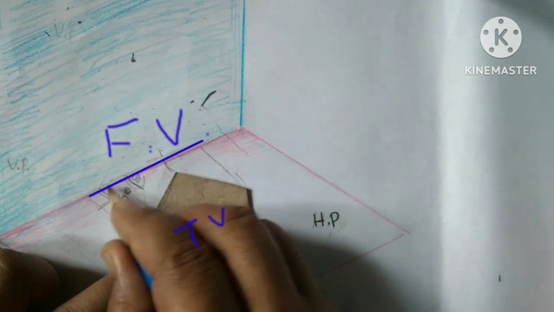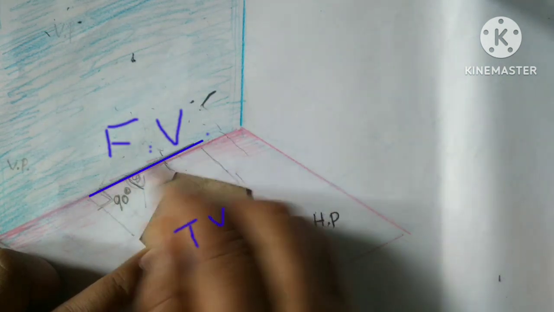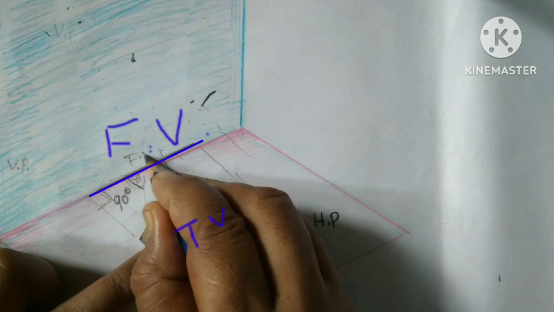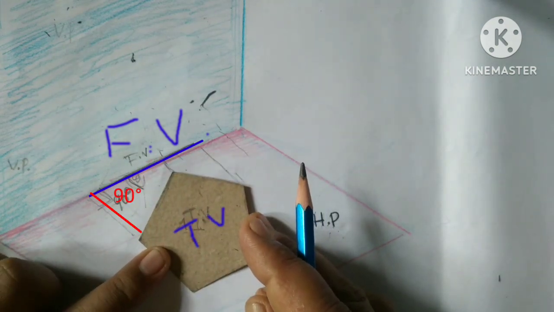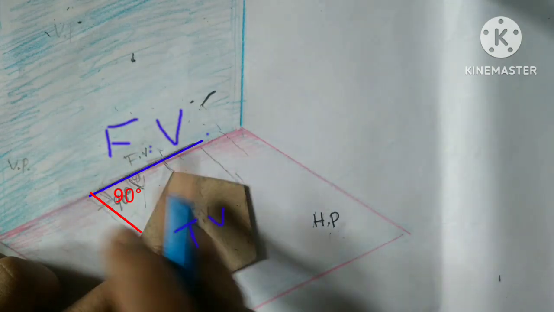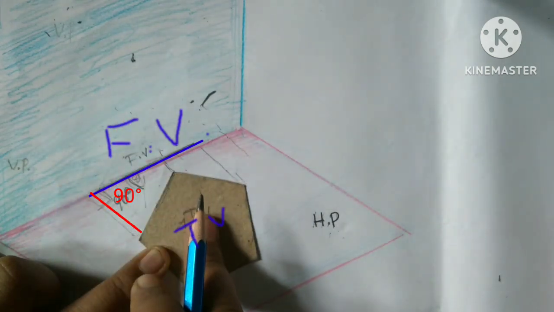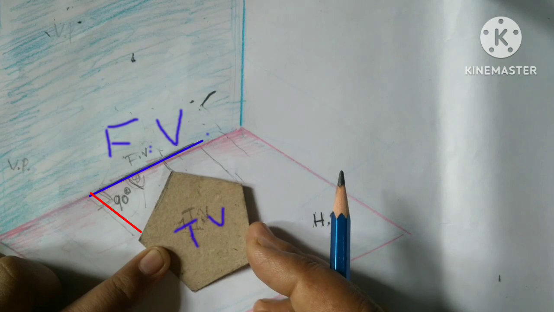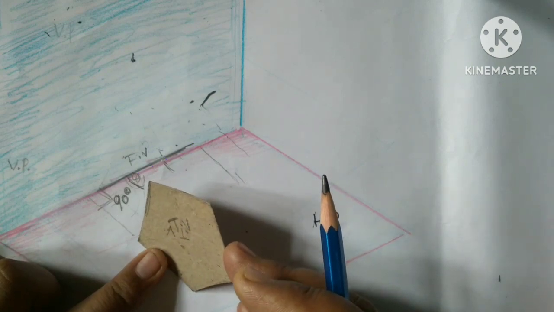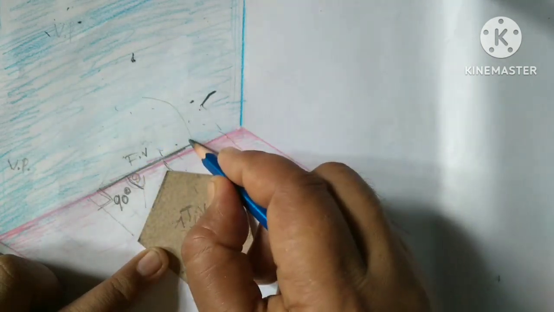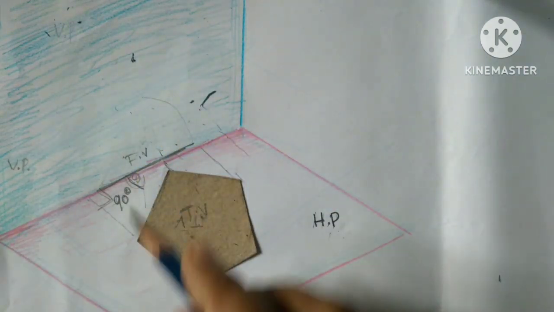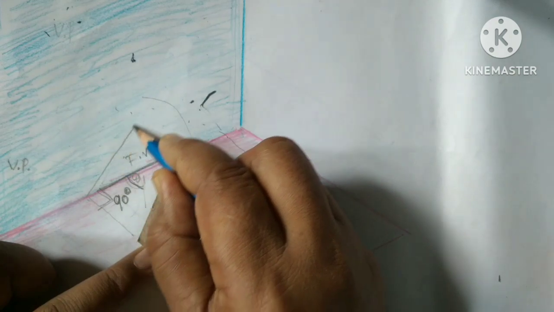So this is our front view and top view, and at that time the pentagon is making an angle of 0 degrees with the HP and is perpendicular to the VP. Now I will make the angle 45 degrees to the HP, and you can see that the front view is making an angle of 45 degrees to the HP. This is our second step.